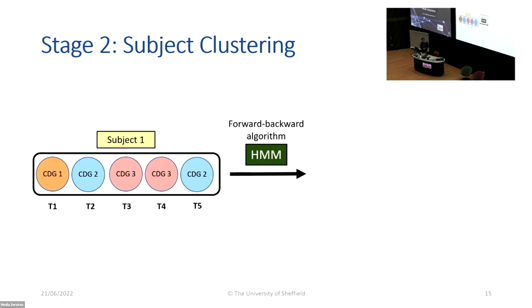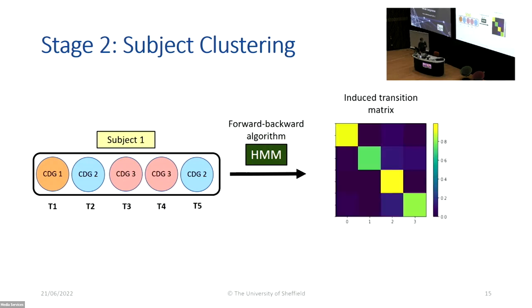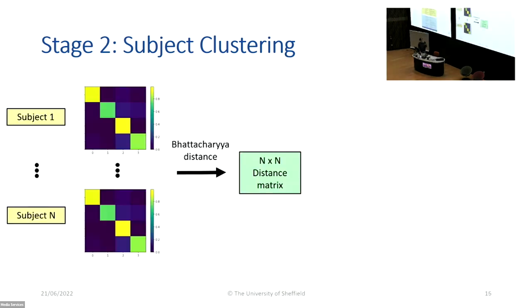Afterwards, we take each sequence of characteristic disease groups and pass it through the HMM using the forward-backward algorithm to produce an induced transition matrix. We apply this same process for the entire data set, and we find the induced transition matrices of all the subjects.